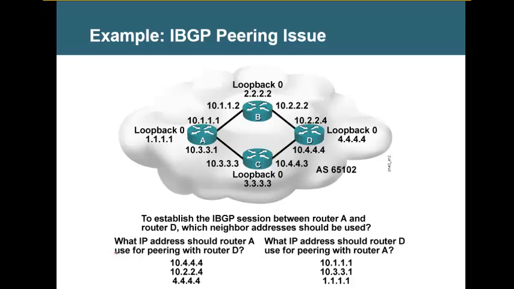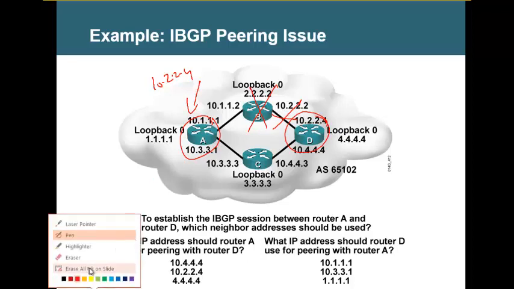Instead, if I use a physical interface, if I go to router B and say neighbor is 10.2.2.4, if this path goes down, I lose the neighborship. Or if this link goes down, the neighbor between A and D will terminate. So whenever you have redundant paths, use only the loopback address to form neighbors.